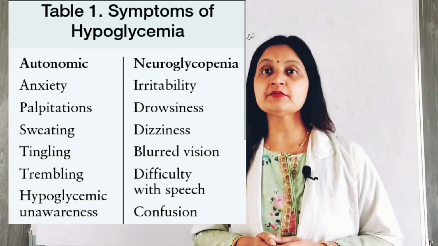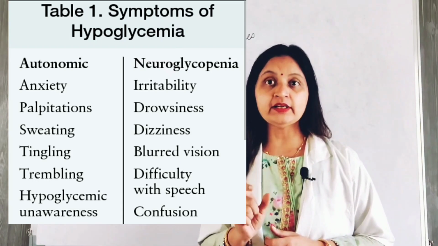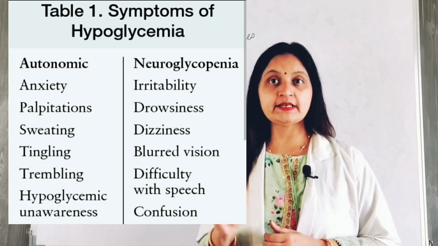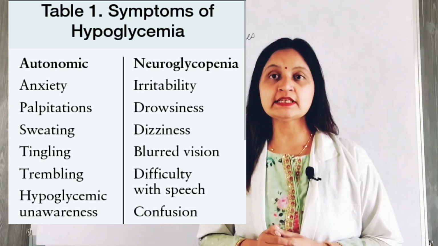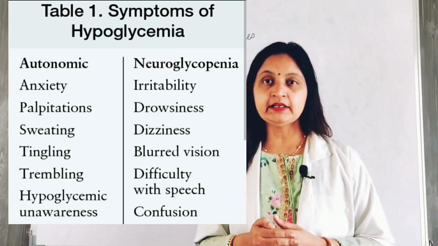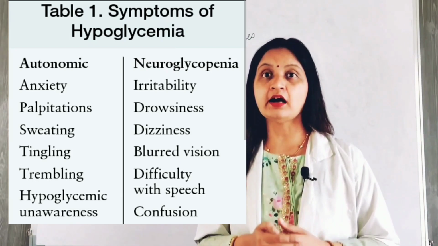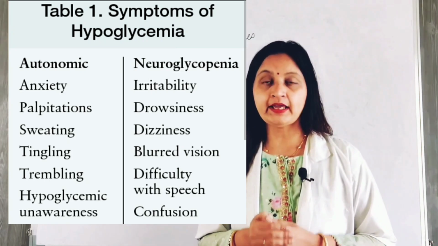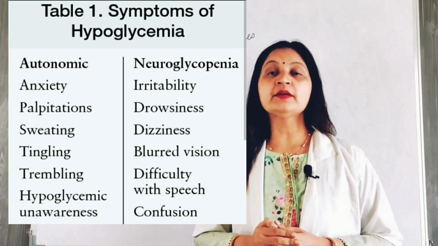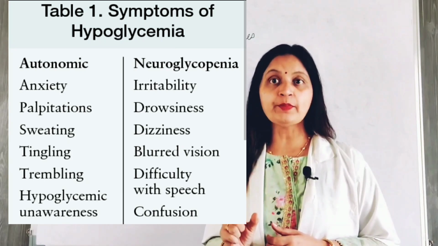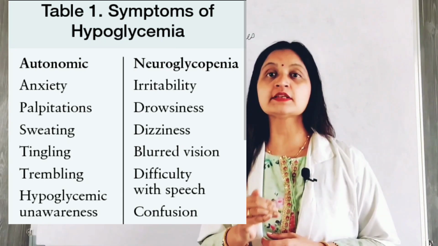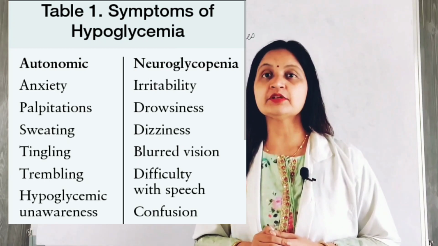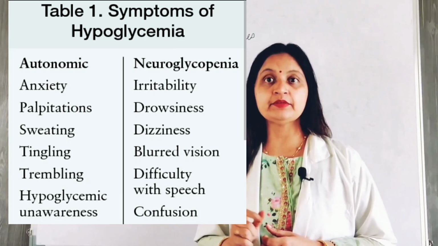So autonomic symptoms are thought to be mediated by adrenaline or epinephrine, and therefore these are also known as adrenergic symptoms. The symptoms include palpitation, tremor, weakness, intense hunger, and excessive sweating. The other type of symptoms is known as neuroglycopenic symptoms because the brain and the neurons are starved of glucose.